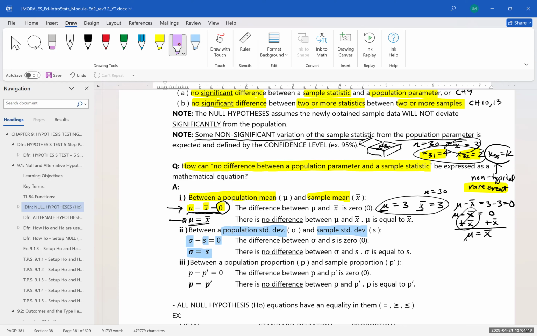We could also do the same thing with population proportions and sample proportions. The difference between them is 0, or they're equal. And if they're equal, there's no difference. So there are these different ways of representing a null hypothesis.